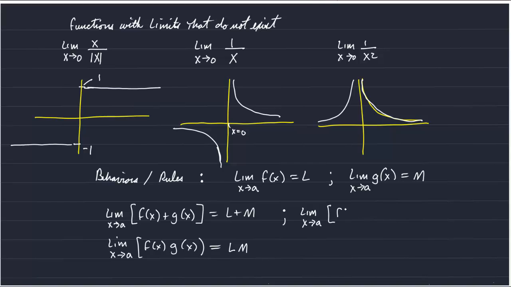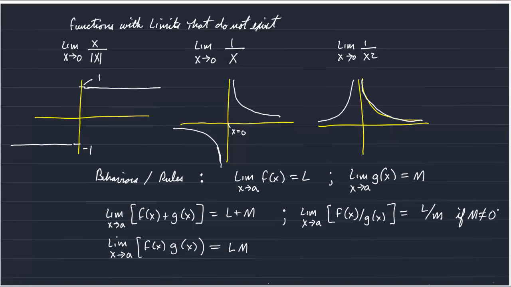And we can also take the limit of the quotient of the two functions. And that's also equal to the quotient of the two limits. Right, the limit of the quotient of the two functions is equal to the quotient of the two limits. And this is true, again, if m is not equal to 0.